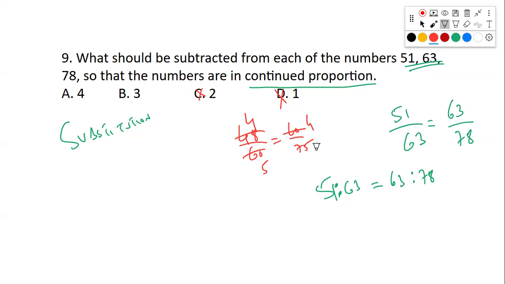And 15 will go 4 times, 15 will go 5 times. So my LHS equals RHS. So that means they are in continued proportion. What is the answer? B choice. So if I subtract 3, it will become continued proportion.